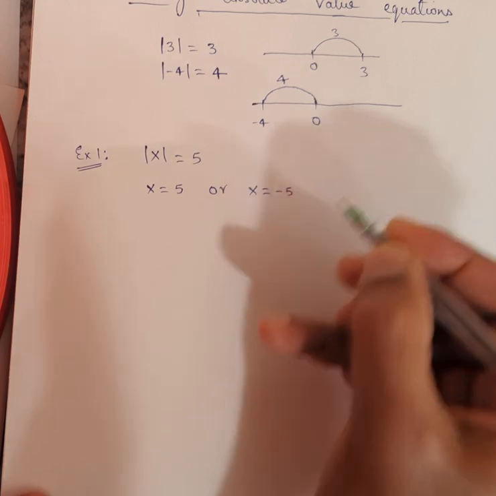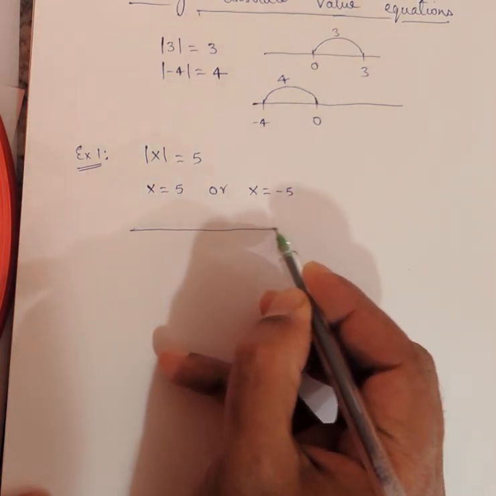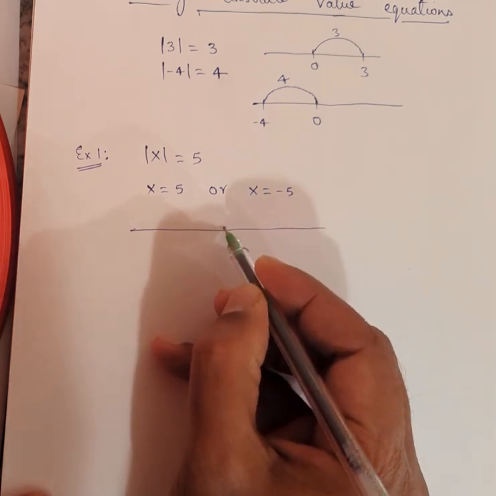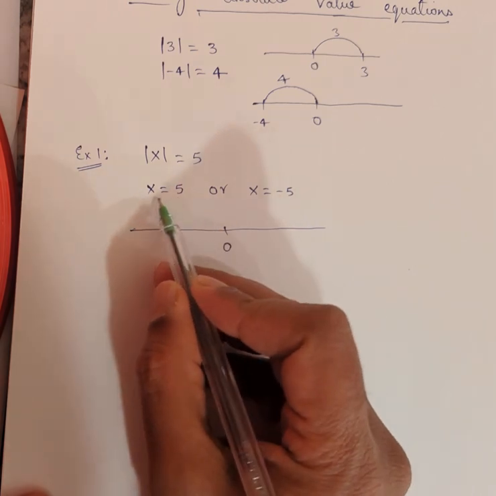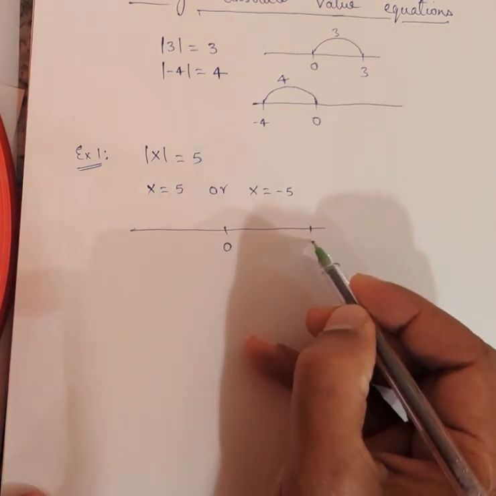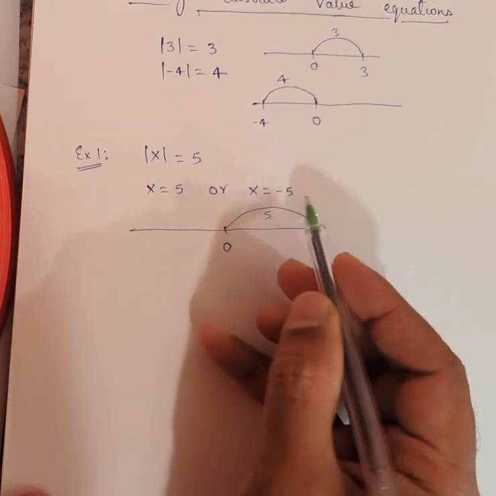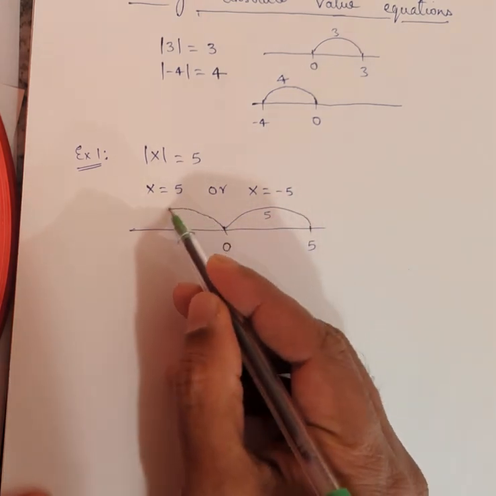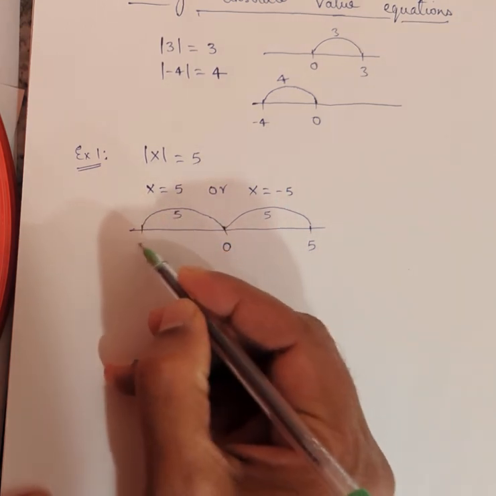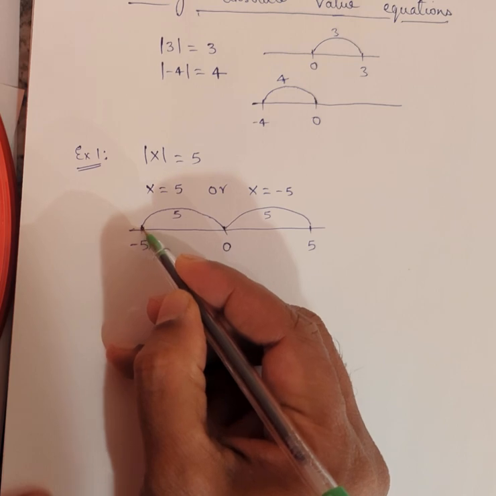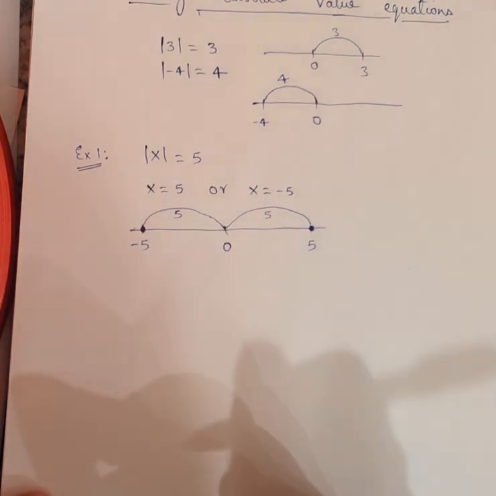Notice there are two numbers which are at a distance of 5 from 0. So this is your number line. If this is 0, then this 5 is 5 units to the right and -5 is 5 units to the left. So there are actually two answers. So both of these constitute an answer.